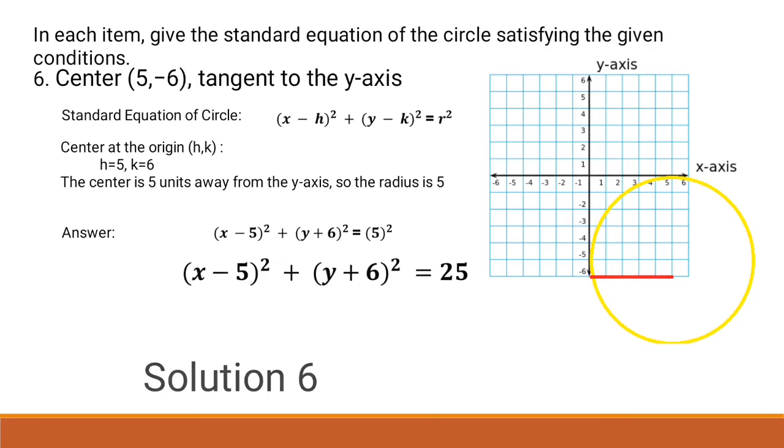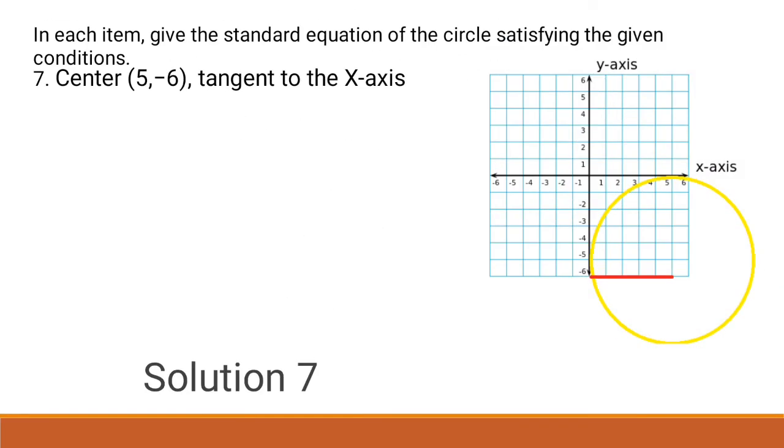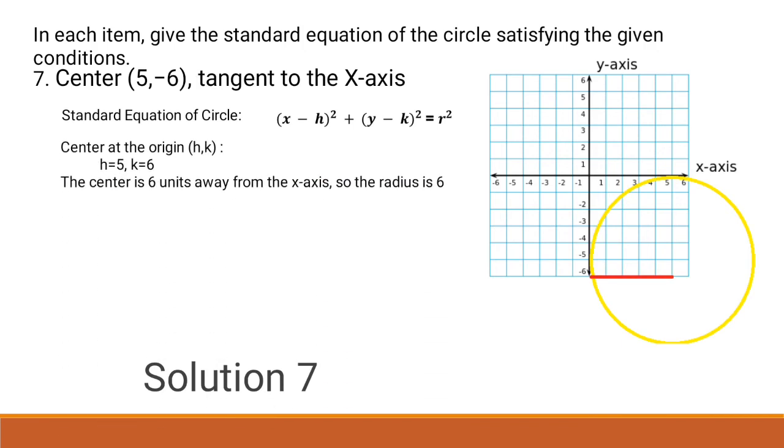The resulting standard equation is (x - 5)^2 + (y + 6)^2 = 25. For our problem number 7, with the center of (5, -6) tangent to the x-axis, given the standard equation of a circle, with h = 5 and k = -6. Since it is tangent to the x-axis, the center is 6 units away from the x-axis, so the radius is 6.